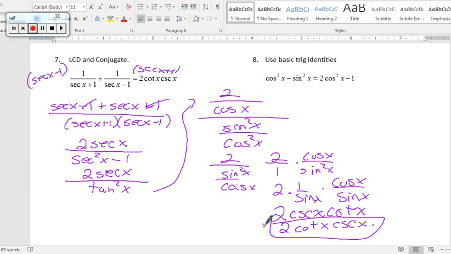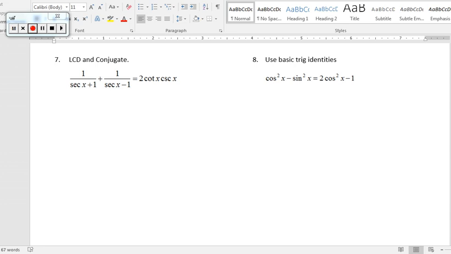Okay, number 8 is not going to be quite that lengthy. So I'm looking here, and I want to see what I can do. I need to keep my cosine squared x in there. So what I'm going to do is, and I need 2 of them, I'm going to take out this sine squared x and replace it. The minus is there.